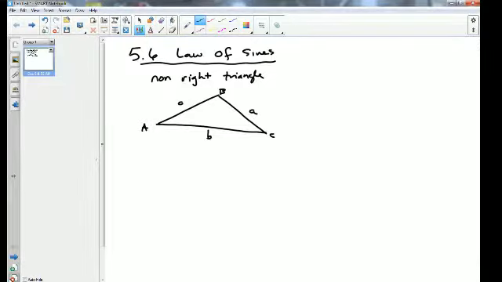The law of sines is neat because it says that the ratio of a side to the sine of its angle is always going to be the same as the ratio of another side to the sine of its angle.